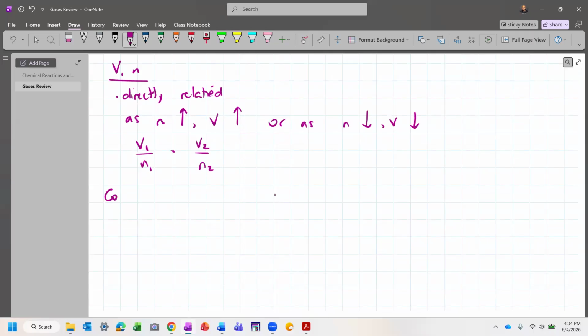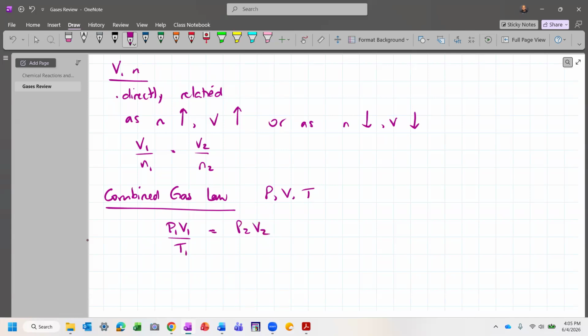We have what's known as the combined gas law as well. That's where we combine three of the terms. So this is the P, V, and T relationship, and that relationship expressed mathematically is P1 V1 over T1 equals P2 V2 over T2. If you just take a look at this, it actually has a couple of the gas laws embedded in it.